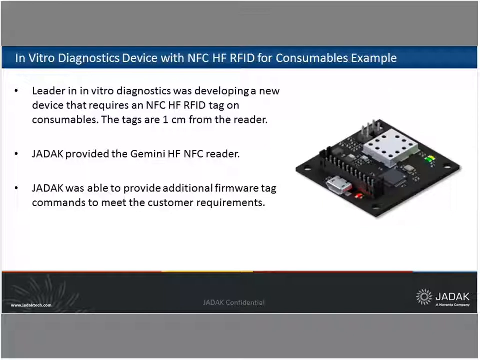But if you really want to take advantage of the full features of the tag, you need a reader that is specifically designed for the requirements of that tag, whether it be standard HF or NFC. But really, if you want to use a tag that has a feature that isn't enabled in one of the JADAK readers, please talk to us and we'll be more than willing to enable that feature for you.